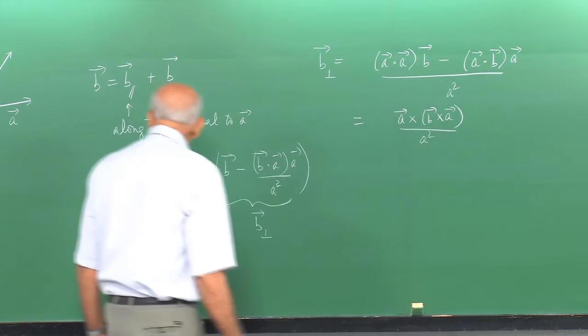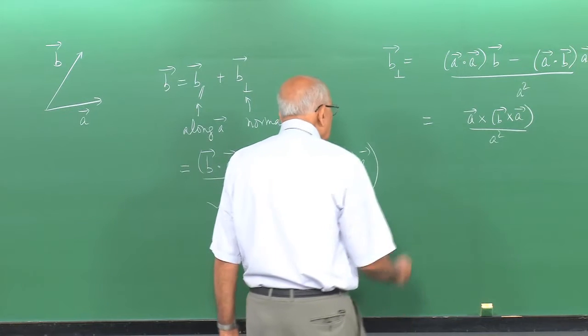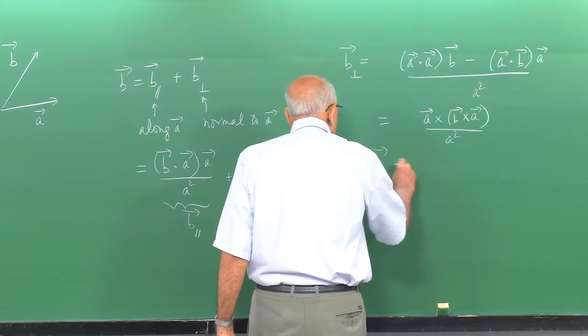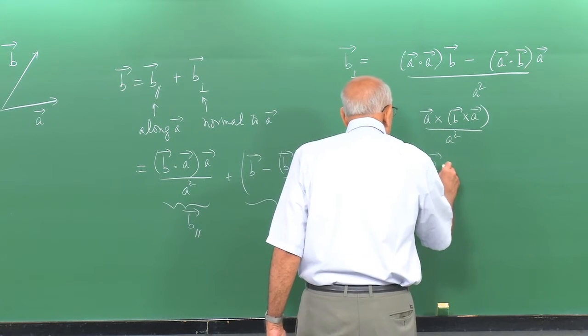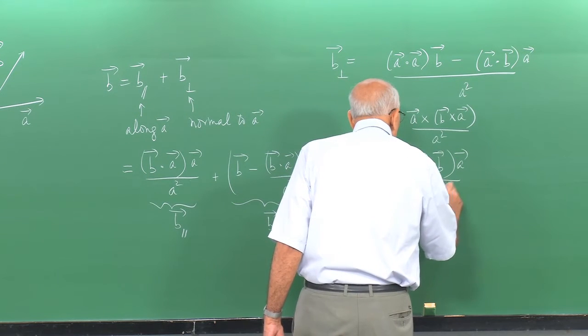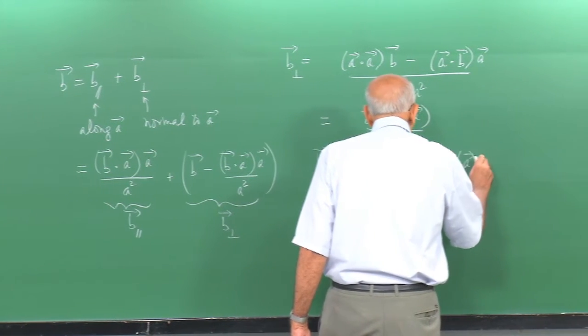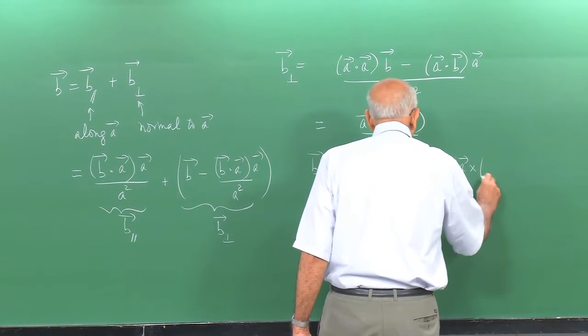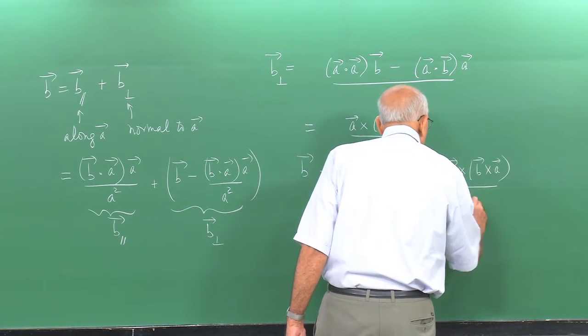So we have a very elegant formula for resolving a given vector B in the form of this nice little formula, A dot B A over A squared plus A cross B cross A over A squared.